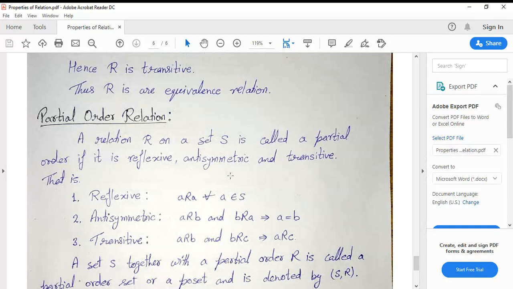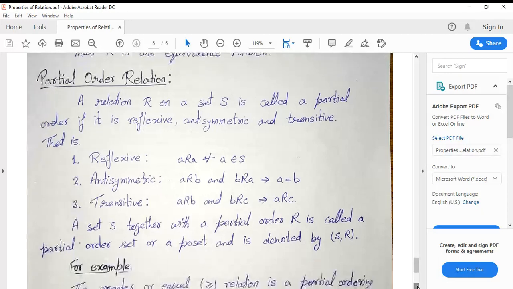In the equivalence relation we have to show reflexive, symmetric and transitive, but in a partial order relation, we have to show that our relation must be reflexive, antisymmetric and transitive. If it has all these properties, then it is called a partial order relation.